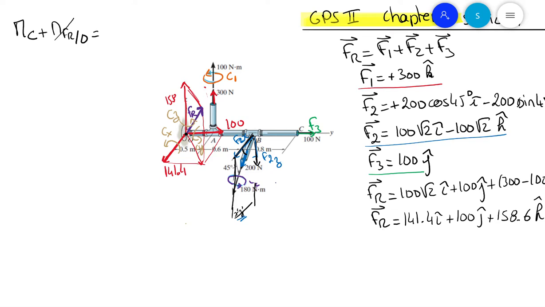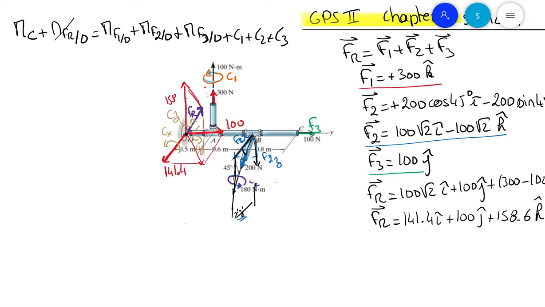It's equal to the sum of all: the moment of F1 about O, plus the moment of F2 about O, plus the moment of F3 about O, plus the couple 1, plus the couple 2.